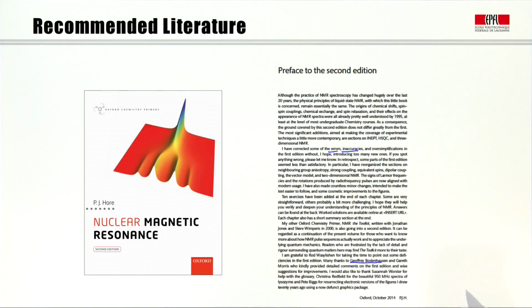One of them is myself, but to be honest, I've only pointed out a few errors in signs and things like that, whereas the person who really carries the important name is Gareth Morris, now professor in Manchester, who many years ago, by the way, was a fellow PhD student in the laboratory of Ray Freeman at Oxford, and he clearly put a lot of effort into rewriting and suggesting to Peter Hoare how to improve this book.